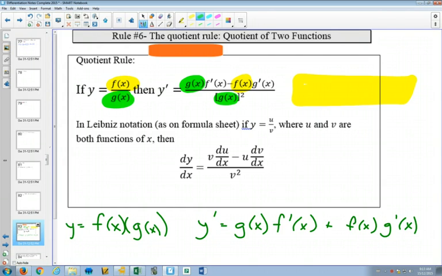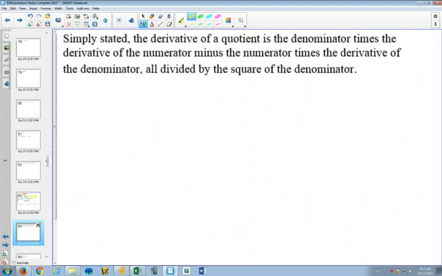And we could do the same thing in Leibniz notation if we had a function on the top and a function on the bottom. We notice the bottom one doesn't change there, and the top one doesn't change there. So what does this look like with actual functions?